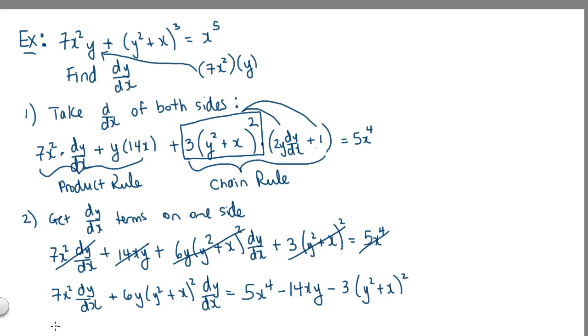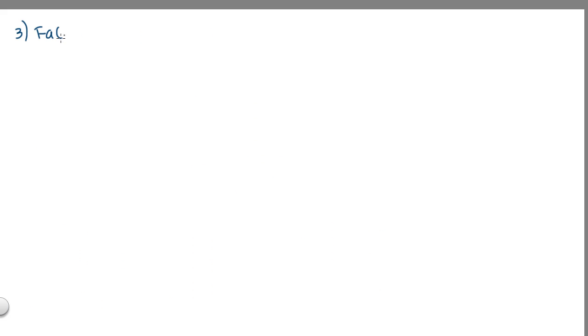Step 3, we're going to factor out the dy by dx. So on the left side, we had 2 dy by dx terms. So let's pull the dy by dx out there, and we can write down what we had.